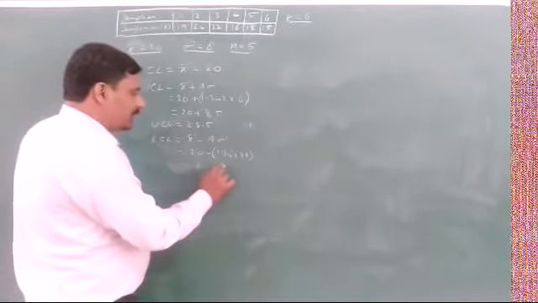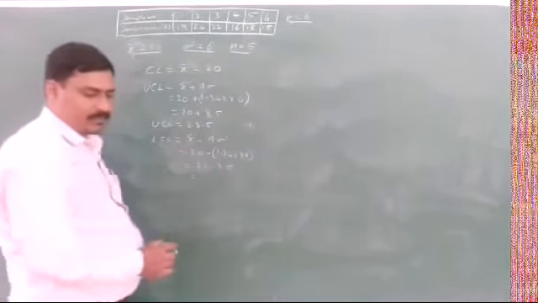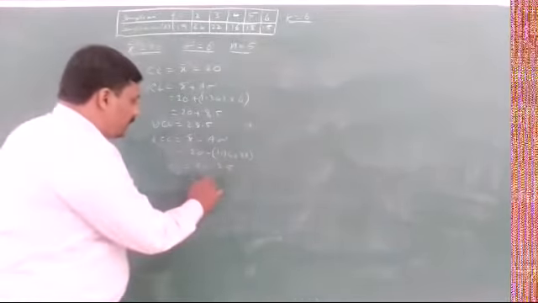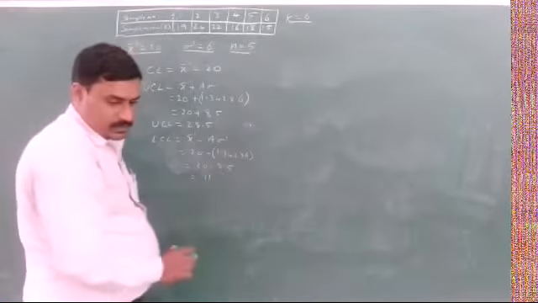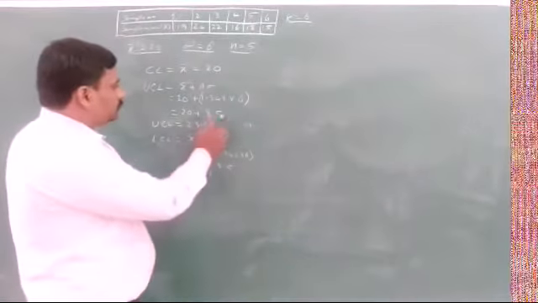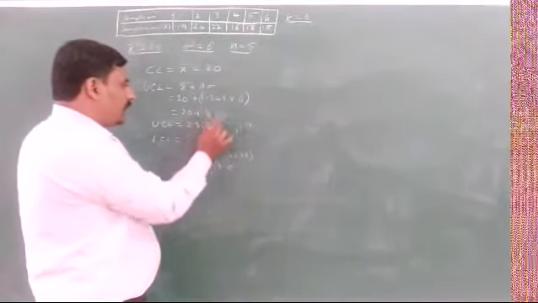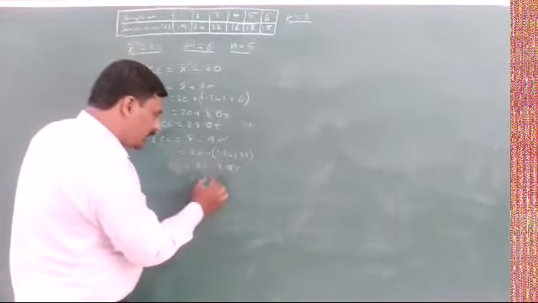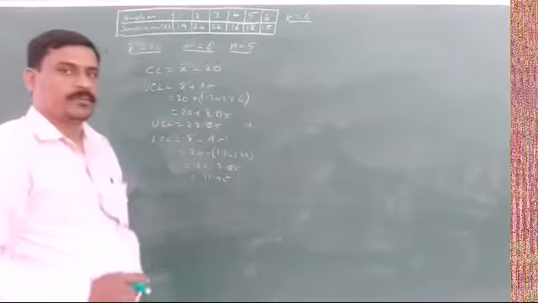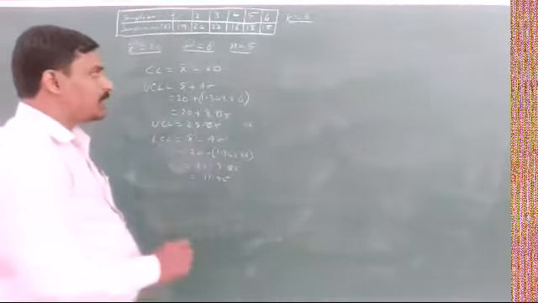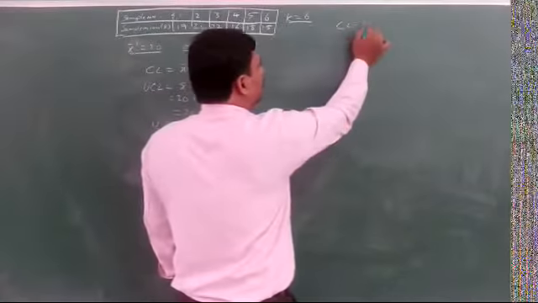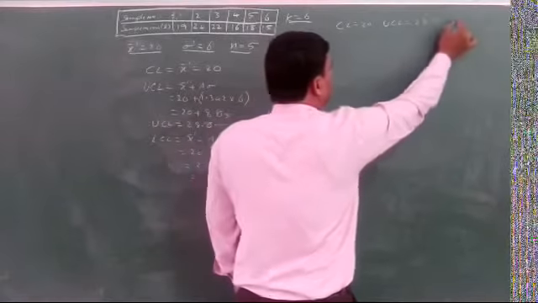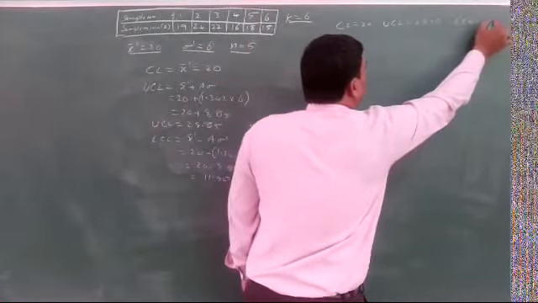So 20 minus 8.05, that is 11.95. So 11.95. So central line is 20, upper control limit is 28.05 and lower control limit is 11.95.